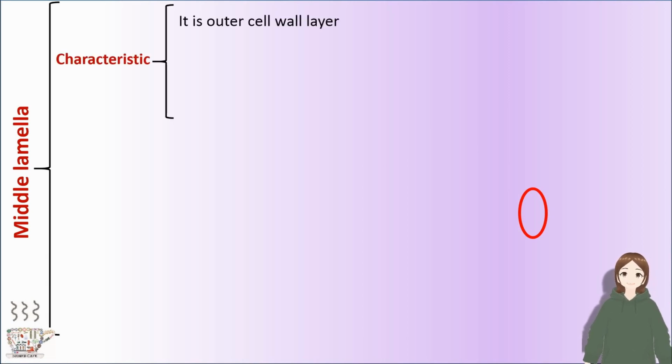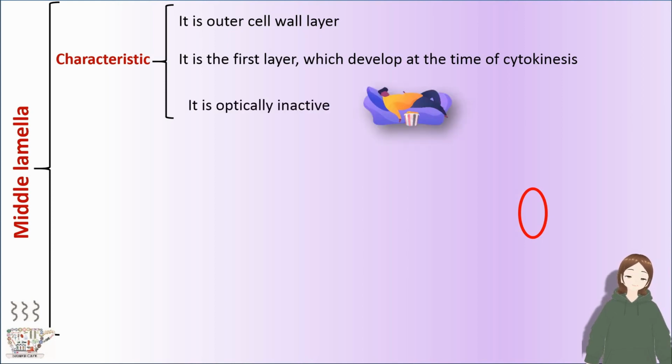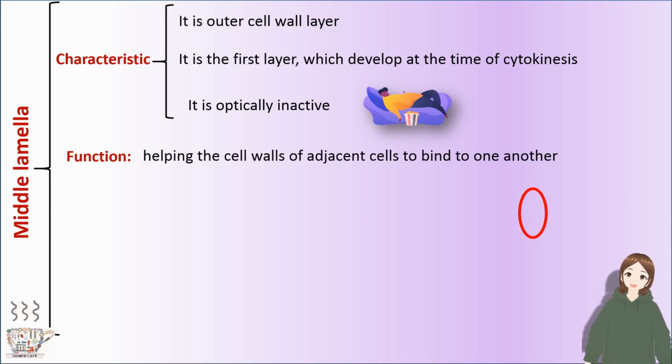Middle Lamella. Its outer cell wall layer is the first layer which develops at the time of cytokinesis. It is optically inactive. It plays roles in helping the cell walls of adjacent cells to bind to one another.